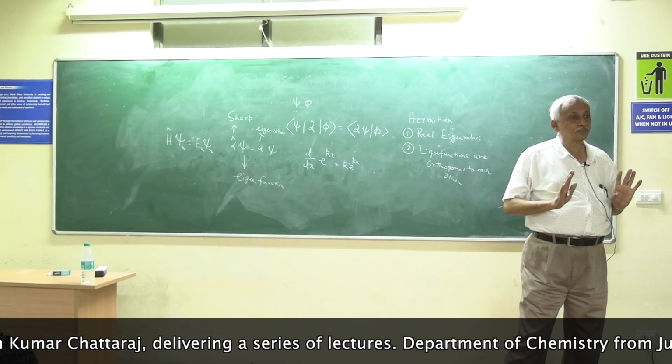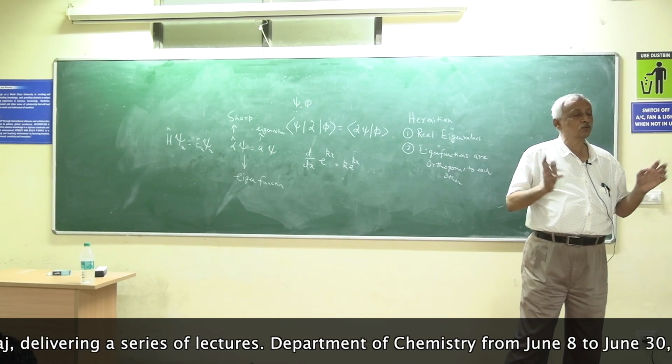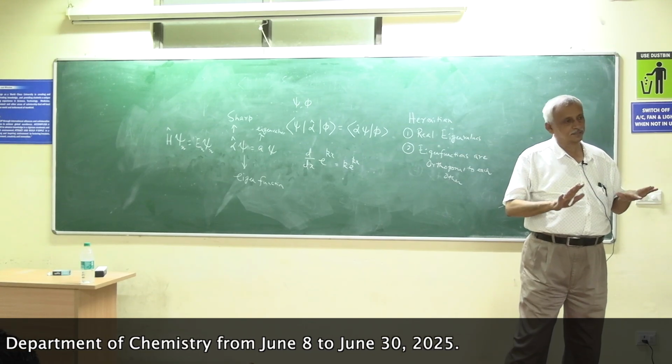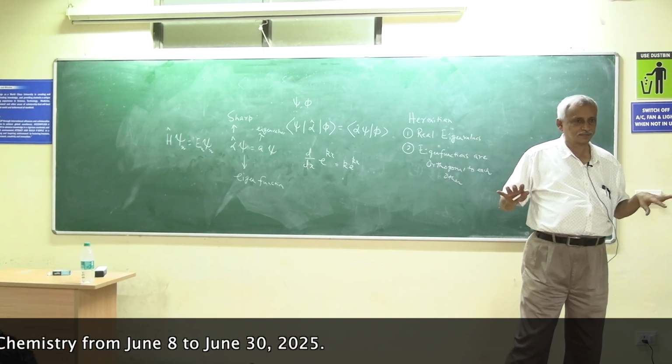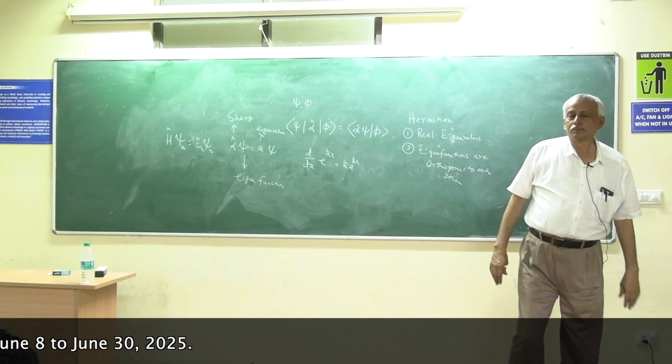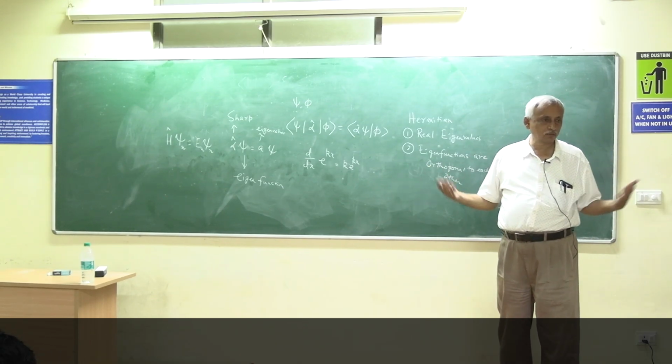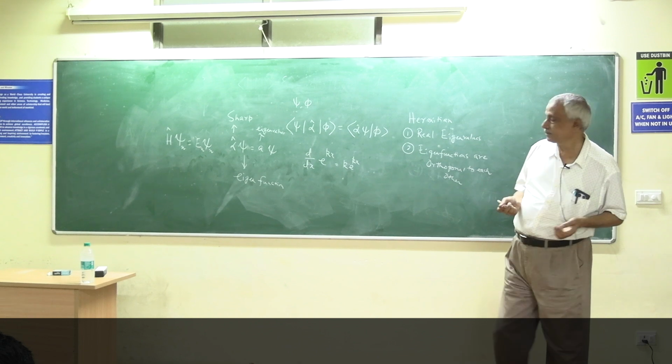For the hydrogen atom, luckily, energy depends only on the principal quantum number. So 2s and 2p will have the same energy, and 3s, 3p, 3d will have the same energy. Okay? The energy eigenvalue doesn't depend on l or other quantum numbers.